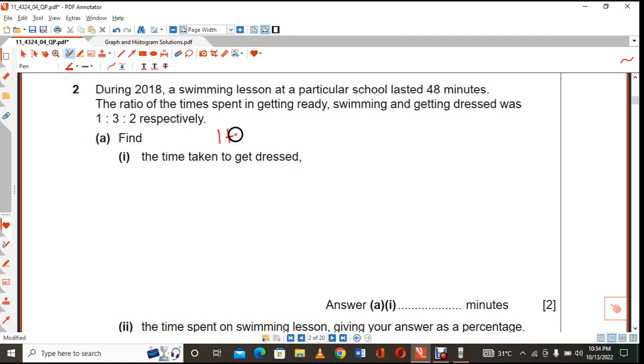You're going to say 1 plus 3 plus 2. That gives you 6 parts of the ratio. And the part where the person gets dressed, that's the last part as the information is given. So that's going to be 2 over 6, and then you multiply that by 48 minutes. Of course, you can simplify as long as you get 16 minutes here as an answer.